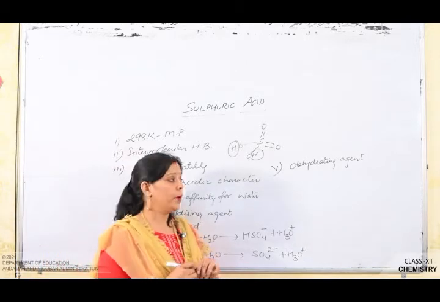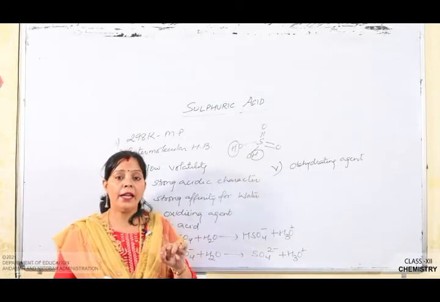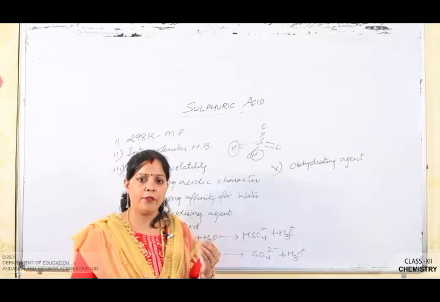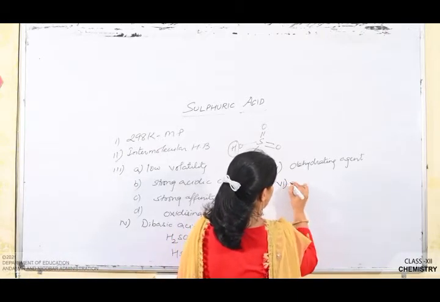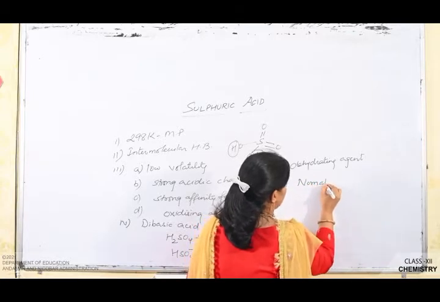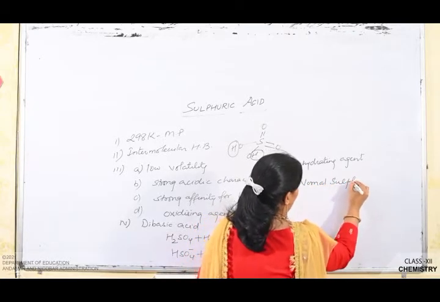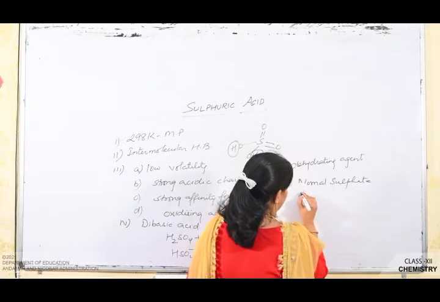Children, the next property is that the acid forms two series of salts. One, it can form the normal sulfate, that is when it combines with copper to form copper sulfate. Or it can form the acid sulfate.